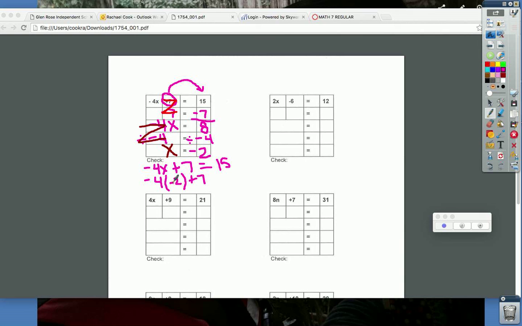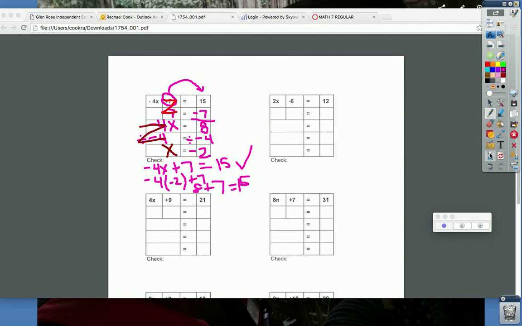And what I want to do is solve this side of the equation to see if I get 15. If I solve this side and I get 15, that means that my answer of x equals negative 2 is correct. If I plug in my answer here and I don't get 15, that means that I've done something wrong back in my original problem. And 4 times 2 is 8. Negative 4 times negative 2 is also going to be 8. So we have 8 plus 7. And 8 plus 7 is equal to 15. So that means it checks and it's correct.